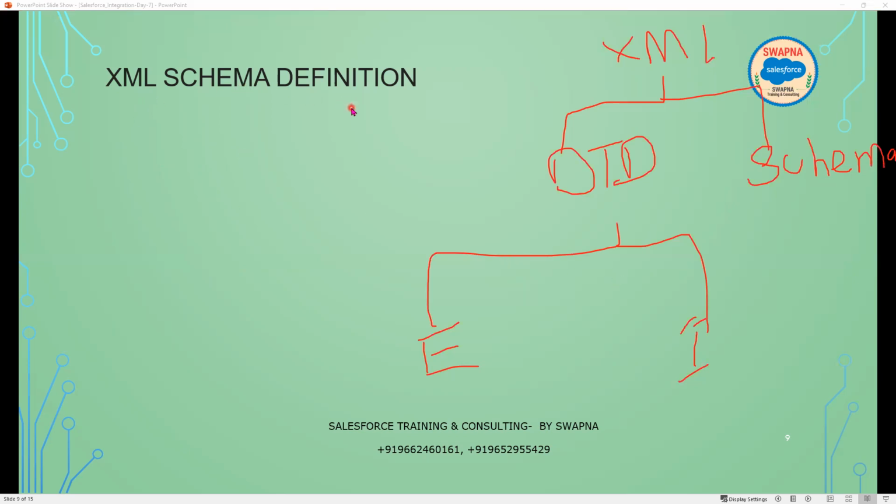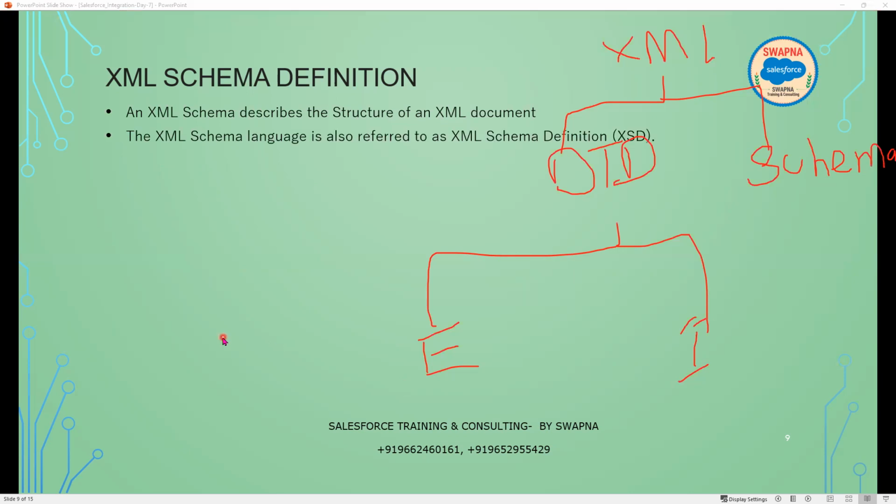XML schema definition. A schema describes the structure of an XML document. It defines the structure of the XML document. That means the XML schema language is also referred to as XML schema definition.